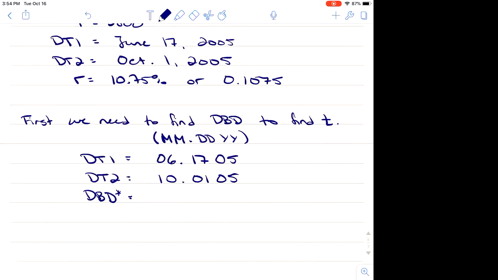And then scroll down to the days between dates and compute. I get 106 days. Cool. Is everyone getting 106? Nice.